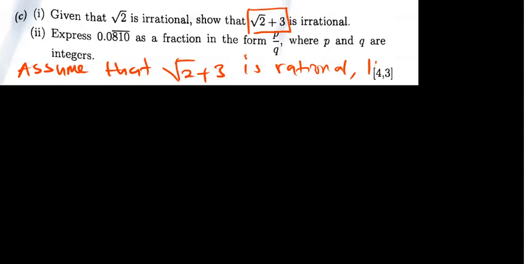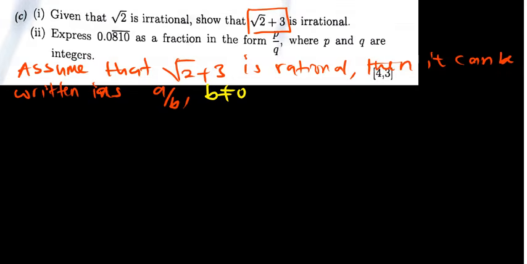Then it can be written as a over b, where b is not equal to 0. Okay? a and b have no common factors.